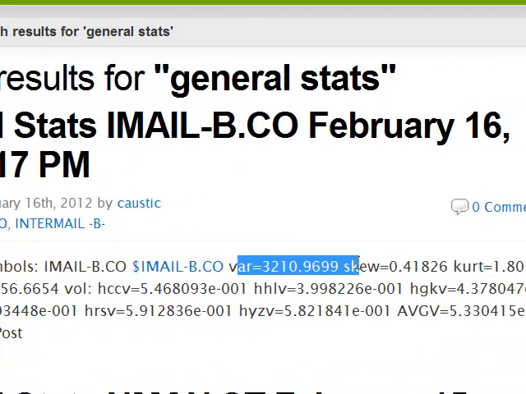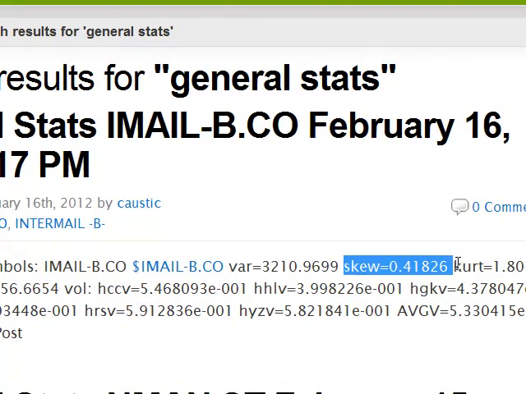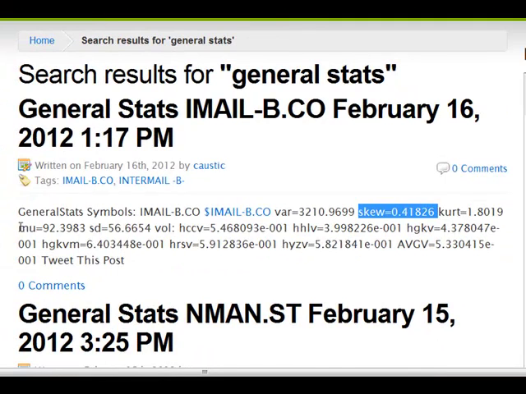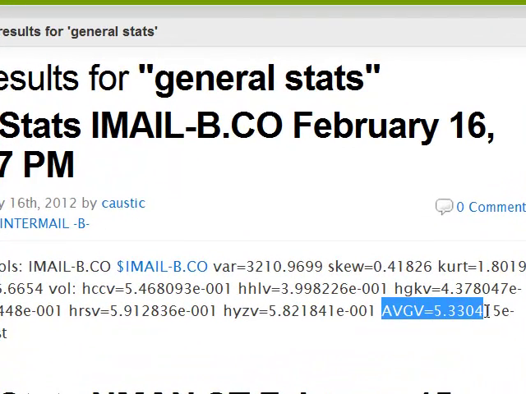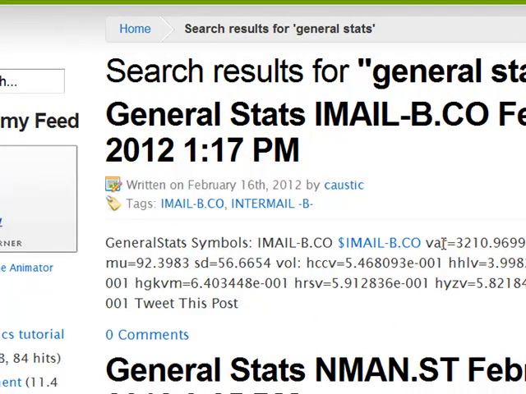Here's the variance that we measure, the skew, the kurtosis, the mu, which is the same as a mean, the standard deviation. And we also measure the volatility, which has different metrics of different types of volatility, which gives an average right here. So in essence, we do all this. This is all estimated.